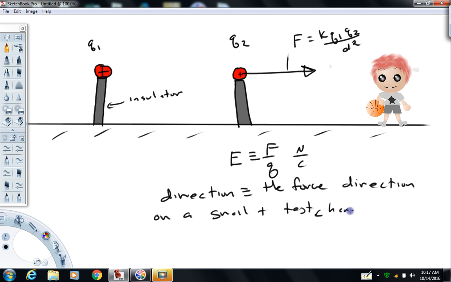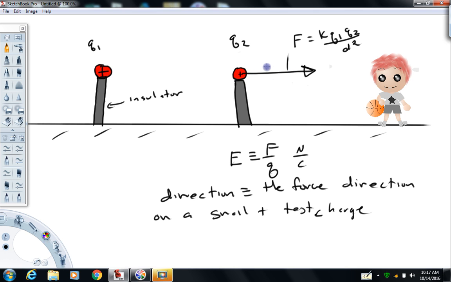Here's what that means. If you imagine placing this particle here, the force direction is to the right, and therefore the electric field vector, which would go at this point in space, would point to the right.